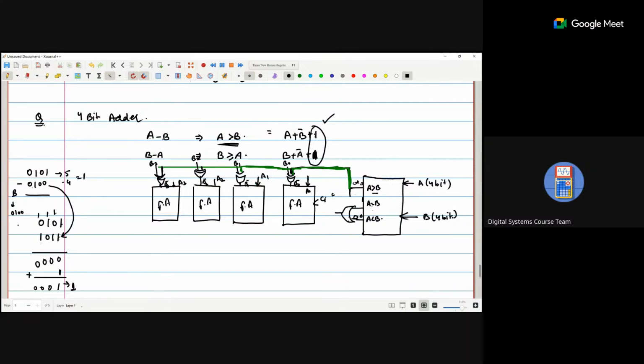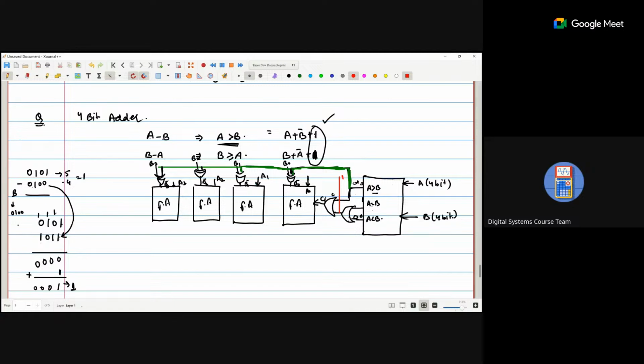Then we connect the XOR gate from here. Now when B is greater than or equal to A, this point is 1.